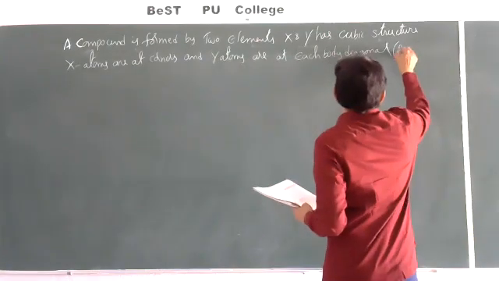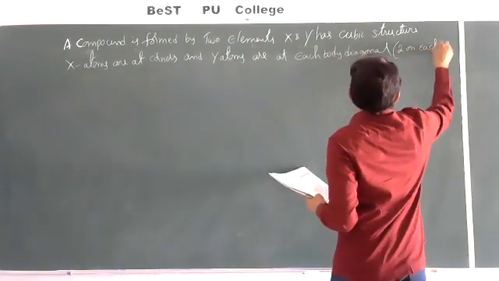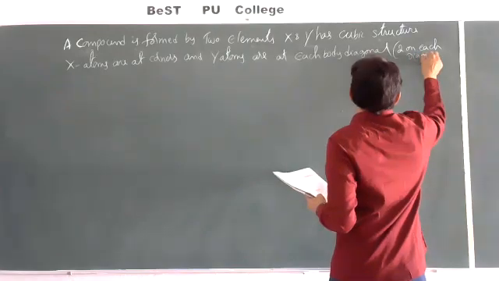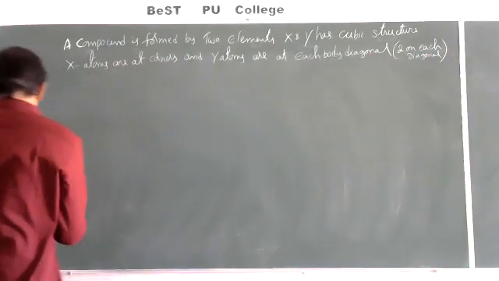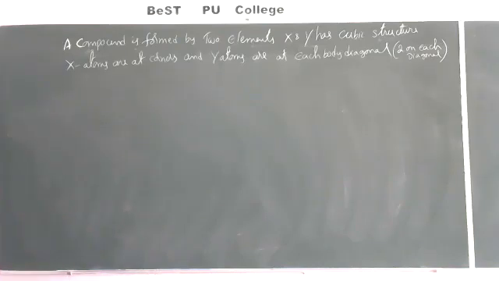That is 2 on each diagonal. That means 2 particles are present on each body diagonal.